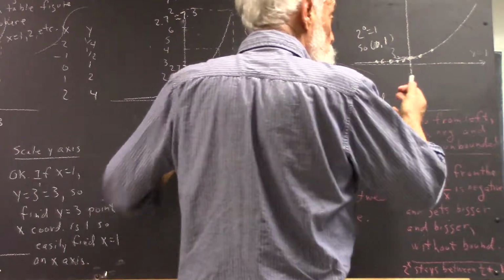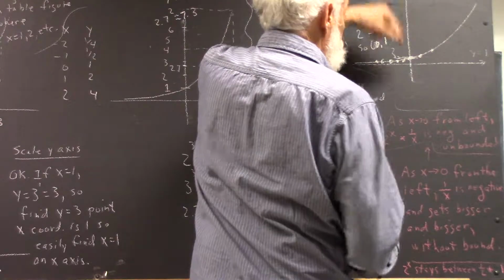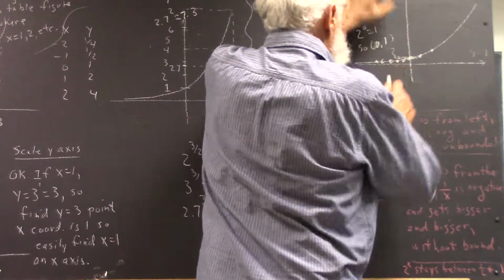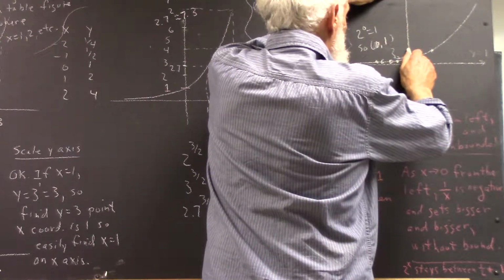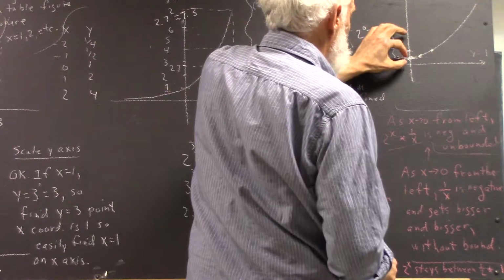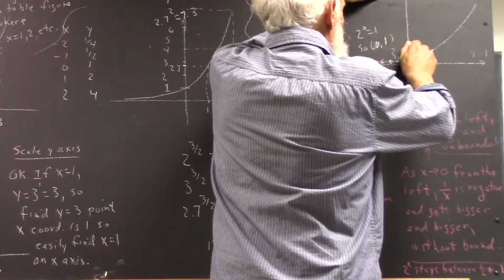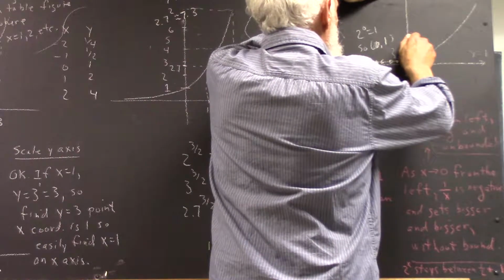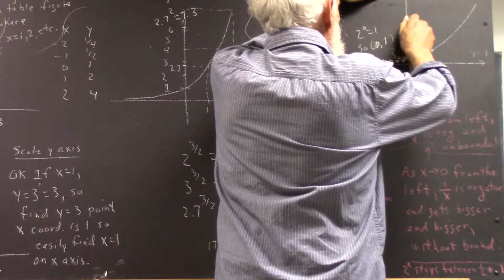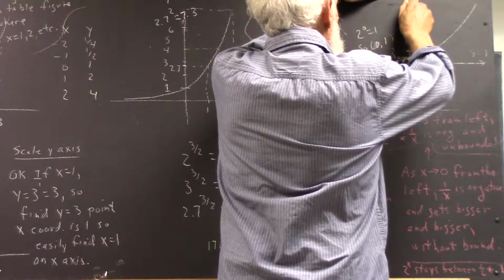Okay, where's y equals 2? Well, it's twice as far from the origin as y equals 1. So we just go up by this increment here and we get y equals 2. So if this increment is equal to this increment, there's y equals 2, and we go up by the same increment, we get y equals 3, we get y equals 4, 5, 6, 7, 8.